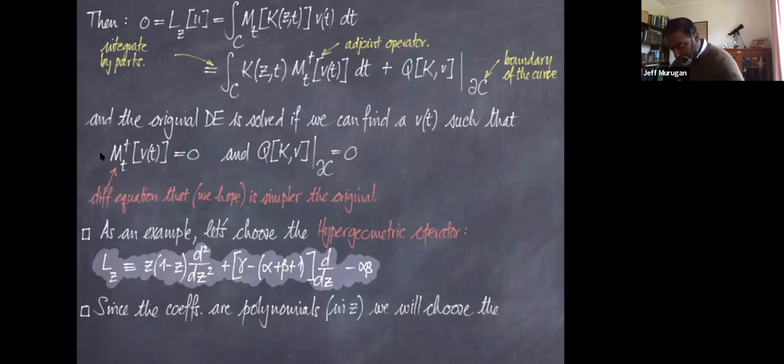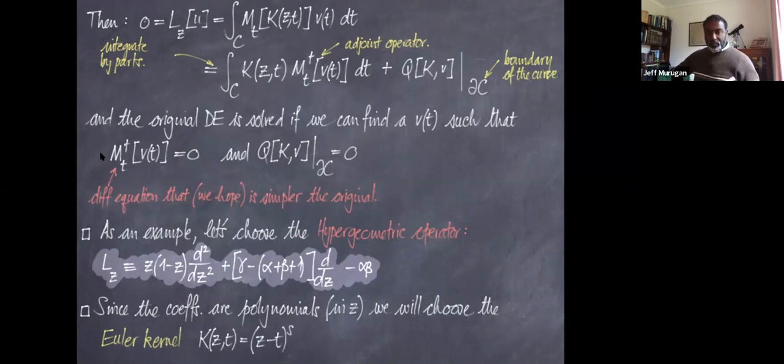We're going to choose the so-called Euler kernel K of Z, T equal to Z minus T to the S for some S. Okay. So now let's follow through with our method and see where we get. To do that, we need to act on this Euler kernel with the hypergeometric operator.